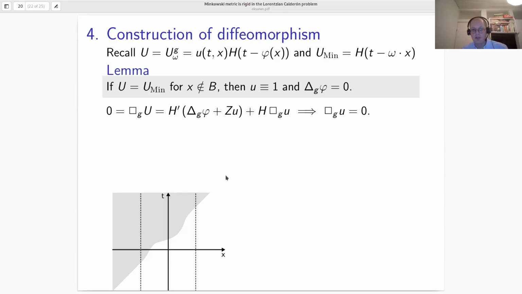So if you're above the interface, you will see only the second term here, which, as this is 0, implies that U must satisfy the wave equation in the gray area. What U is below, in the white area, is totally irrelevant because that's killed off by this Heaviside anyway. So we see that U satisfies the wave equation. That's the first observation.